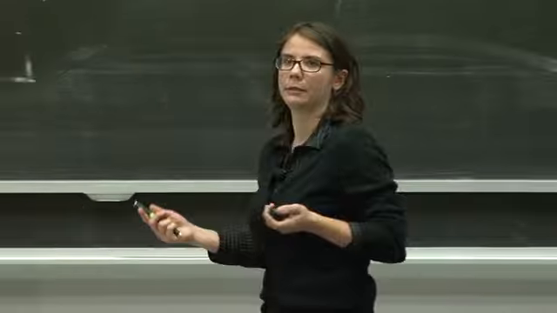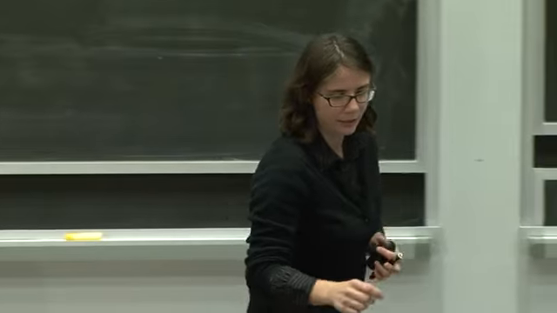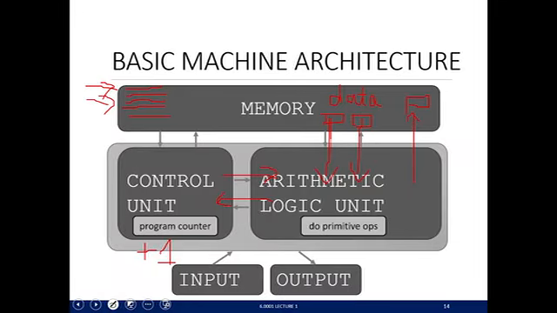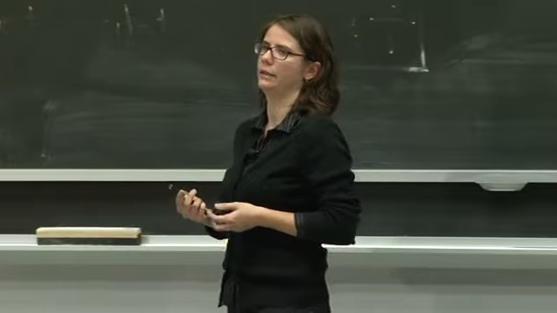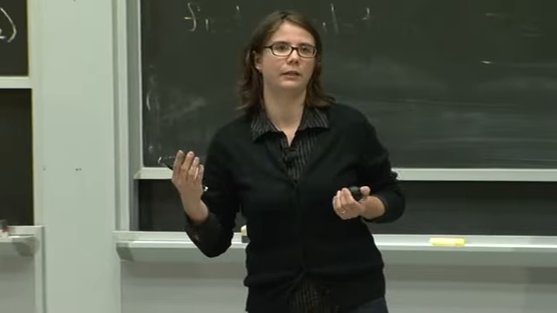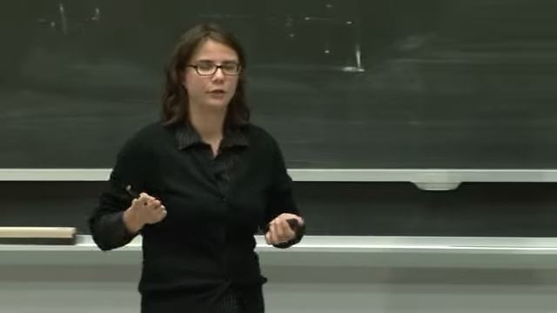There might be one particular instruction that does some sort of test. It's going to say, is this particular value greater or equal to or the same as this other particular value? So that's an example of a test. And the test is going to return either true or false.